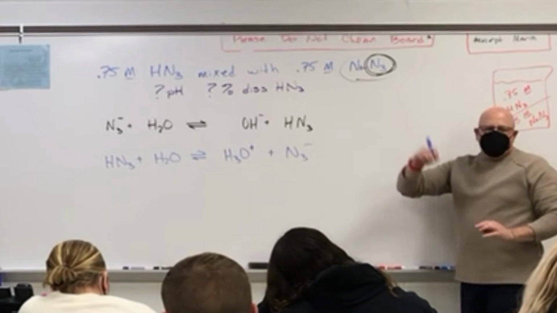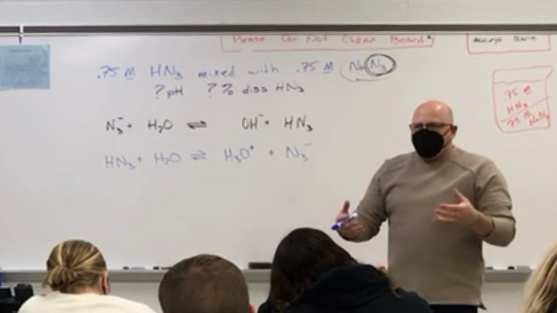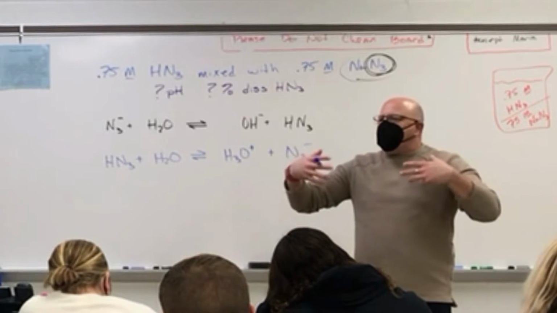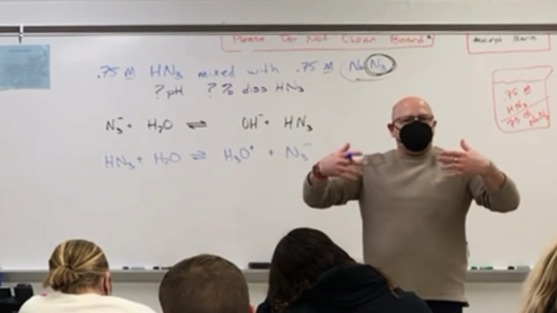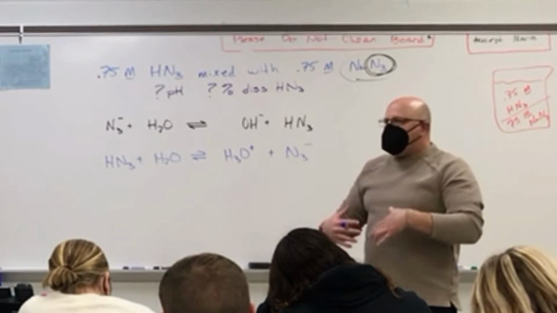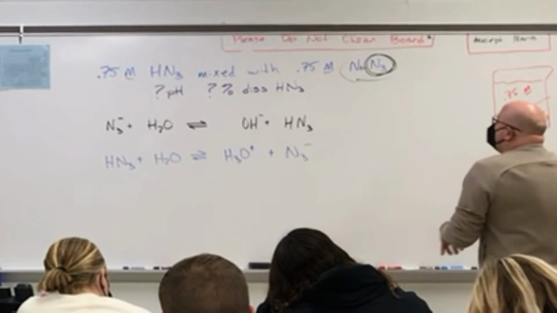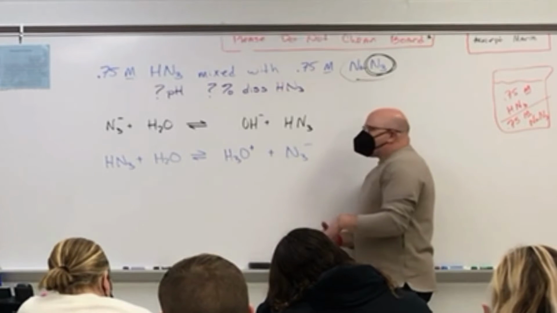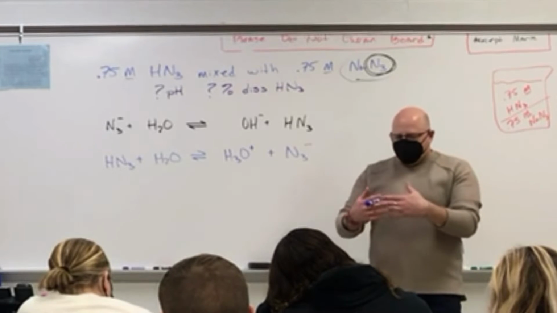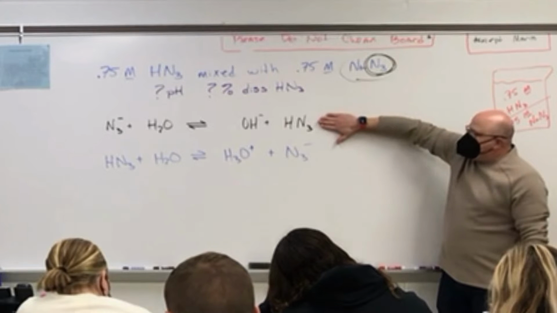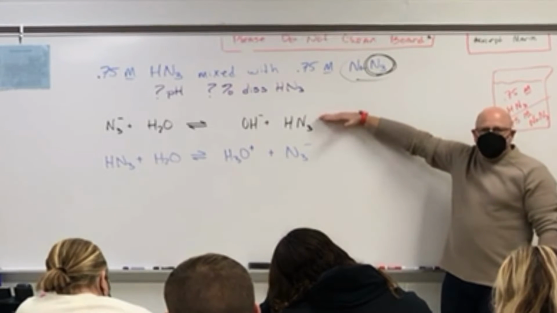Some of these problems are going to get long. It's not that they're overly challenging, it's just there are a lot of things you may need to do to complete it. You want to try to pick the route that's going to give you the least amount of work. If we were going to use this equation, what would we need to be able to do this equation?